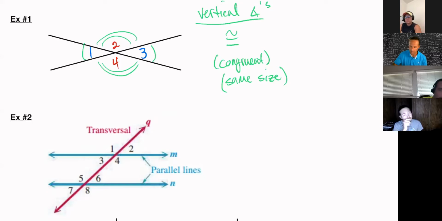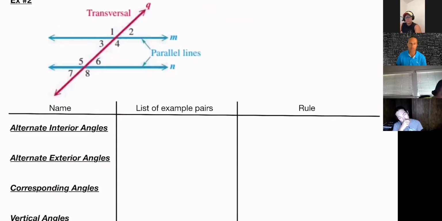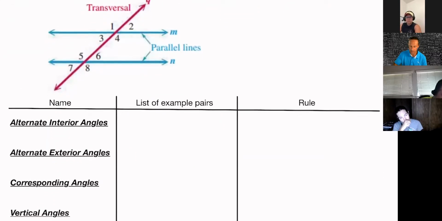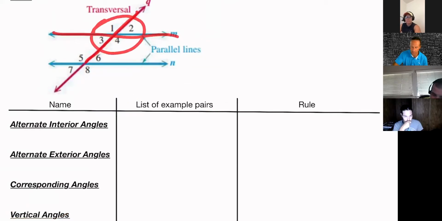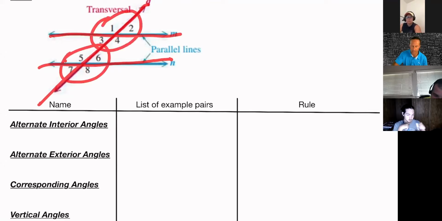Well, now there's a bunch of different types of names that we're going to talk about. And you can see the one at the very bottom there is the one that we just reviewed. So give me some examples. And we saw when 2 lines intersect, it creates 4 angles. So since there's another set of lines with that, we're going to have 8 angles in total.